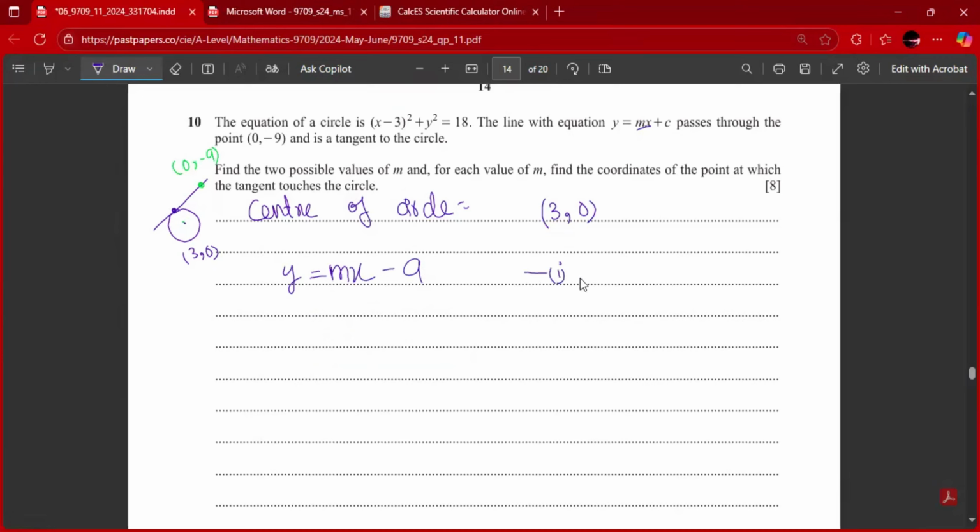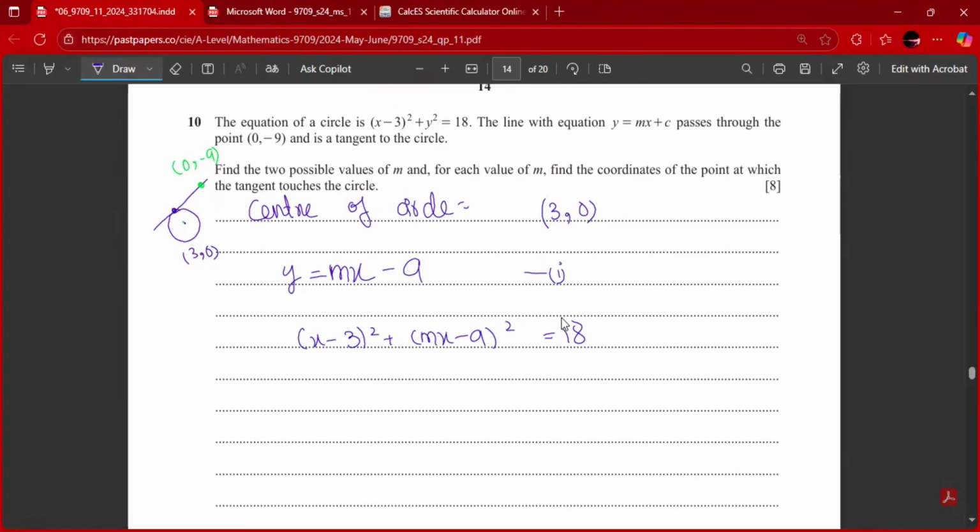Okay. Now they're saying that this thing is tangent to the circle. Meaning that if I put this y in the circle's equation, I would only get one solution for x because it's a tangent. So let's put it in there. (x minus 3) squared plus (mx minus 9) squared is equal to 18.